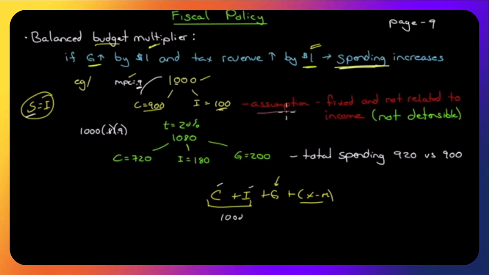You have to make the assumption that this $100 investment is fixed and is not related to income, such that if incomes go up or incomes go down, this 100 would stay the same. It is independent of income. It is fixed. That is not defensible, unfortunately.